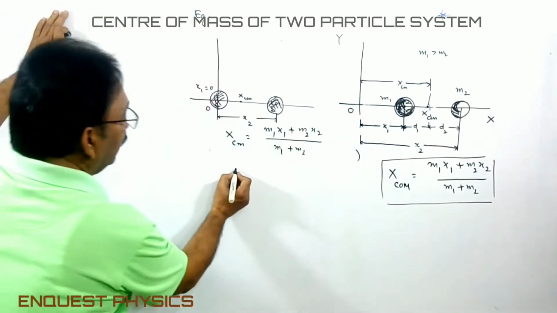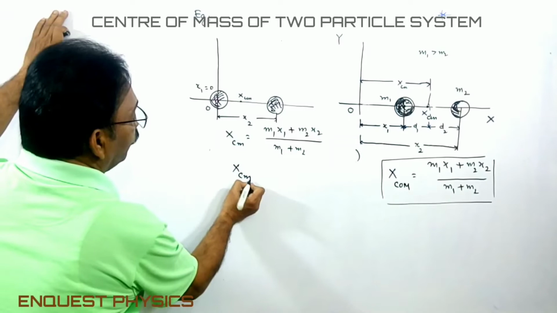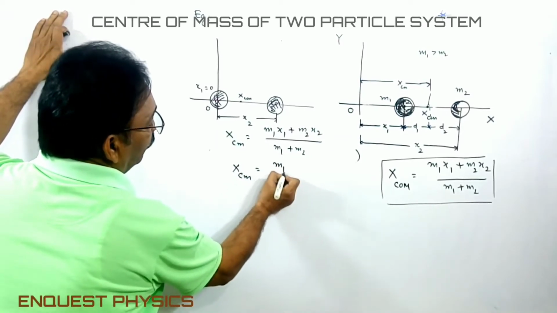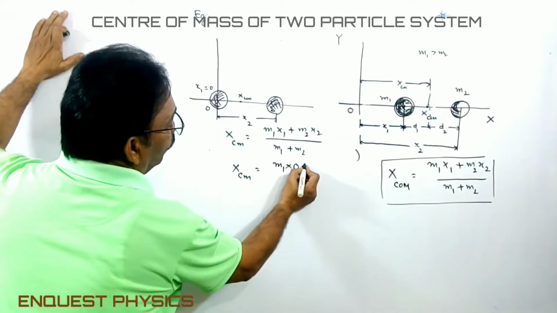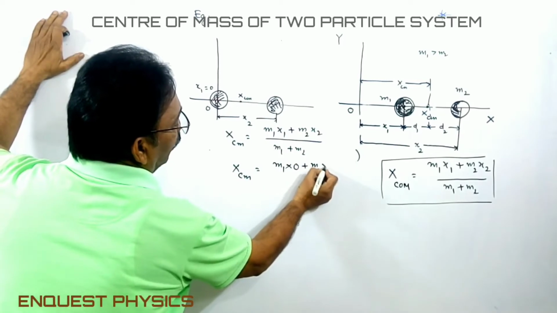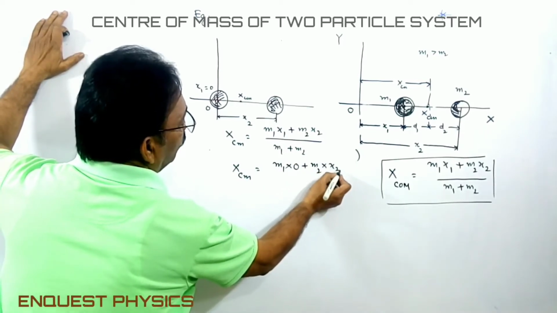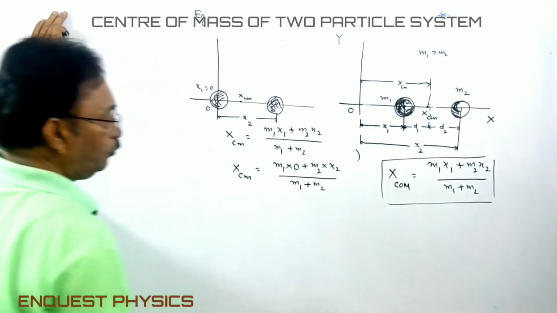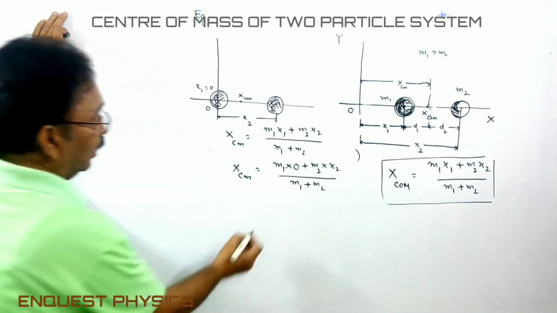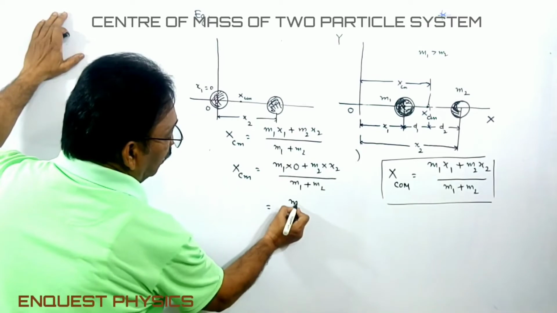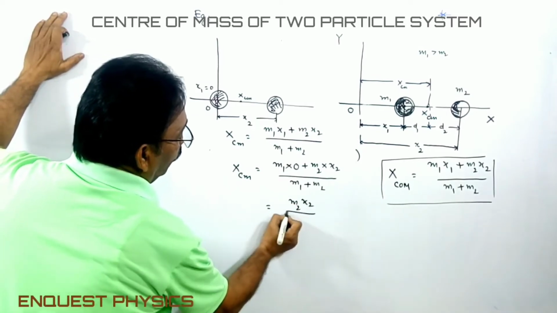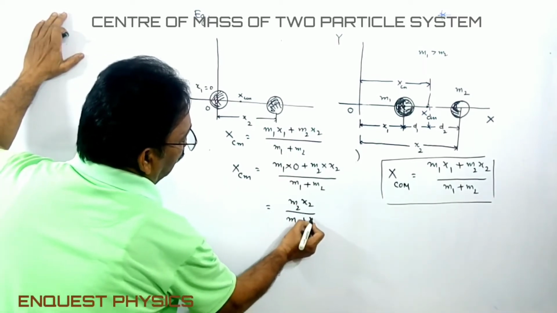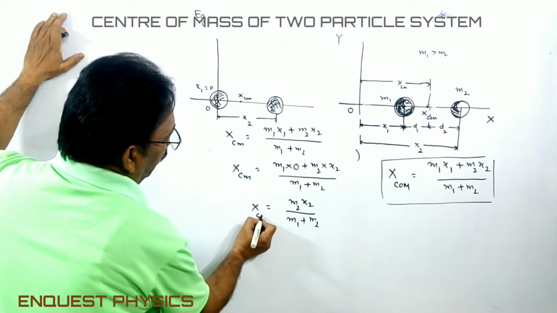Then immediately we can write xm is equal to m1 multiplied with 0 plus m2 into x2 by m1 plus m2. Okay students, then it can be written as m2 x2 by m1 plus m2 is the location of the center of mass.